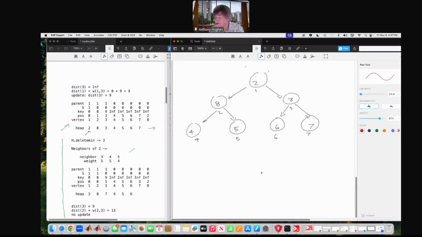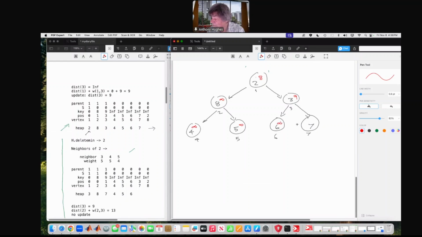Let's put the distances in. So 2 has distance 8. 8 has distance infinity. 4 infinity. 5 has infinity. 6 is infinity.